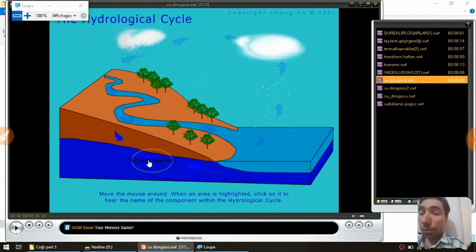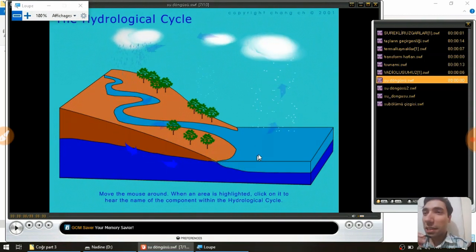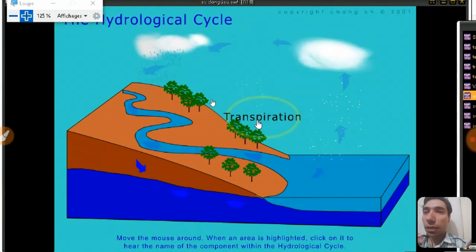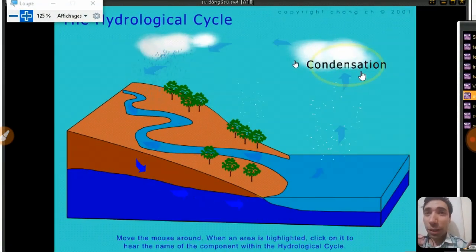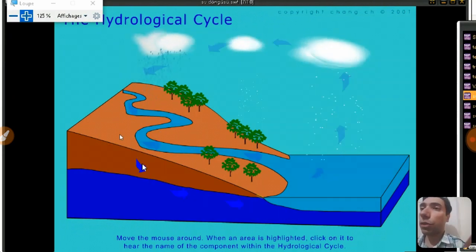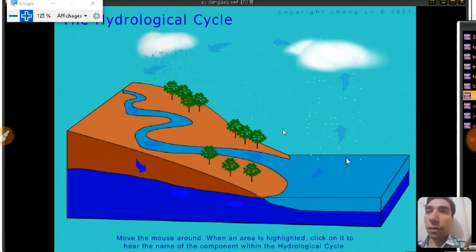Precipitation. Sorry, my English. Evaporation, condensation, precipitation, flows. Precipitation, surface flows. It flows. Groundwater and evaporation.